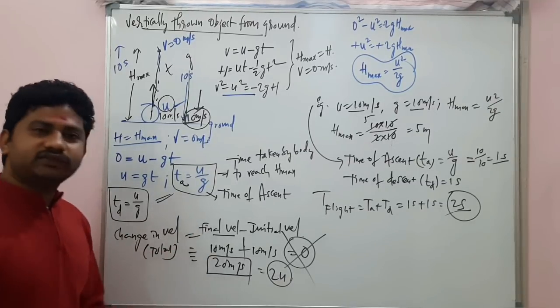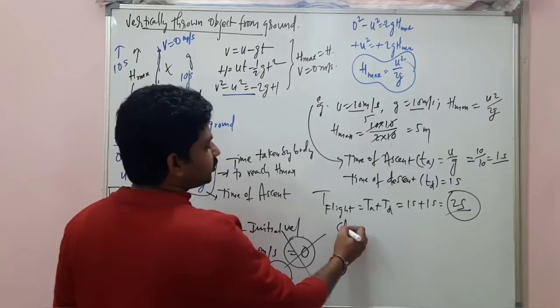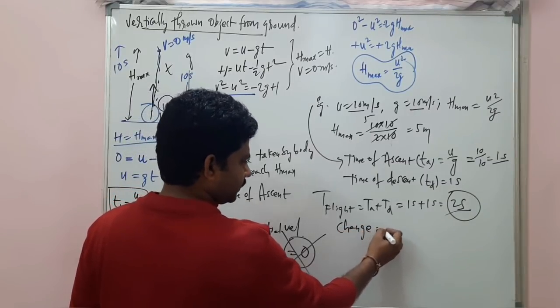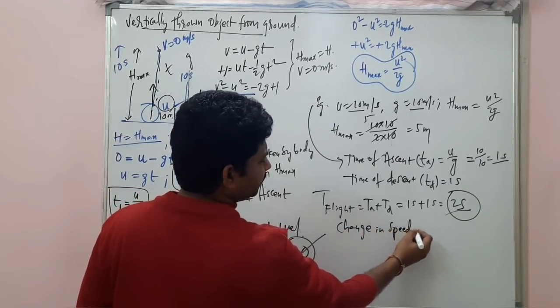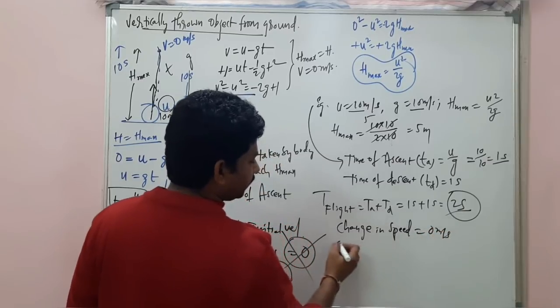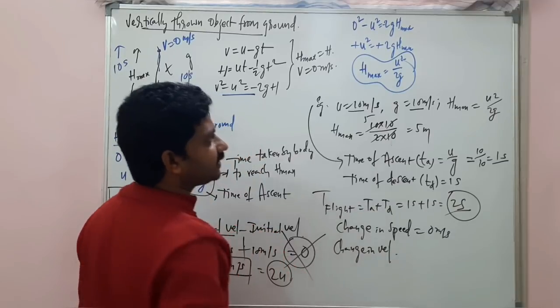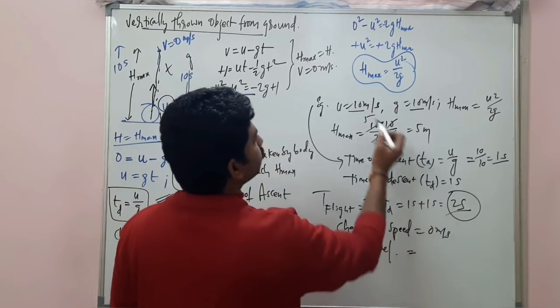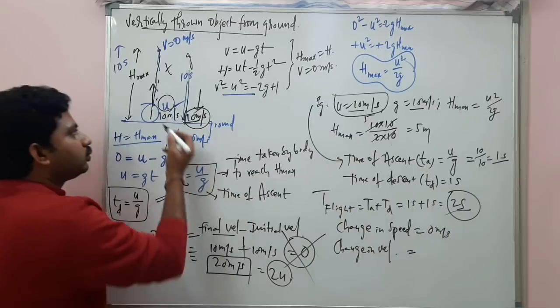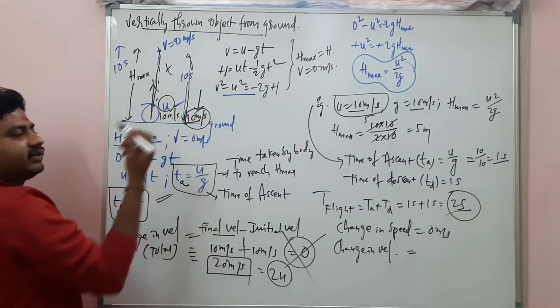Now, change in velocity also, let us find. So change in speed is 0 meters per second, whereas change in velocity is 10 meters per second, right? So going with 10 meters per second, coming back with 10 meters per second.